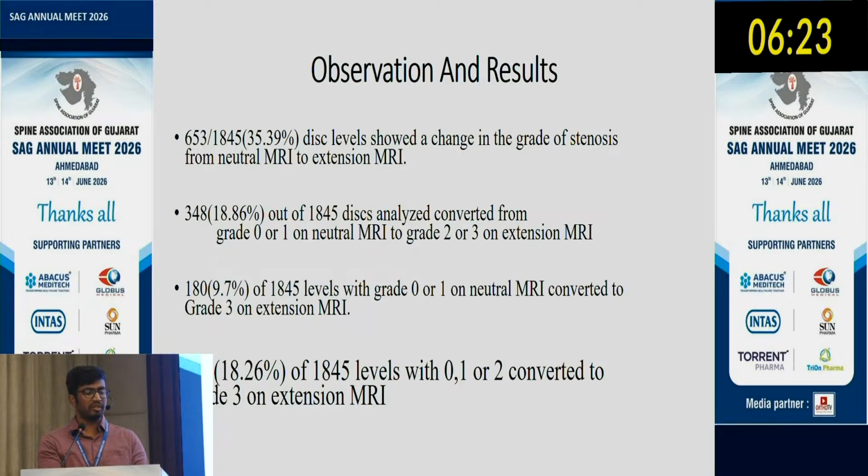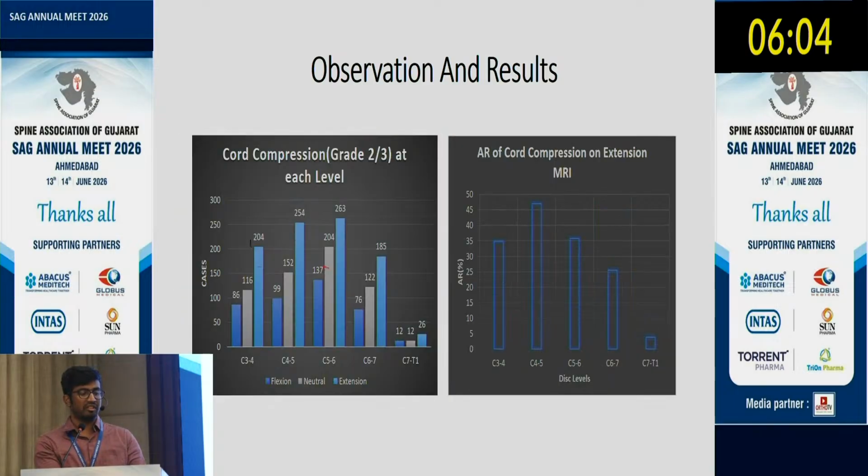And 180 disc levels which were grade 0 or grade 1 in neutral MRI converted to the highest grade, grade 3, in extension MRI. And 337 disc spaces with grade 0, 1 or 2 converted to grade 3 on extension MRI. These graphs show the same.